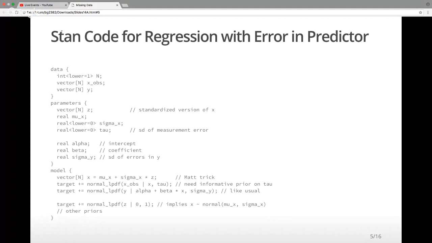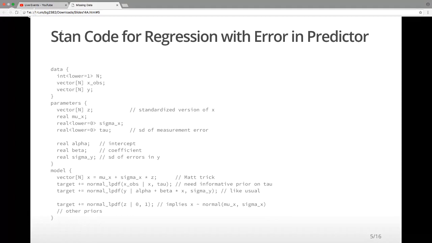So this question relates to an earlier question. In this program, we are not defining the right one at the time. I left it open, but I said you need to have one. All the target plus equal things happen in the model block.